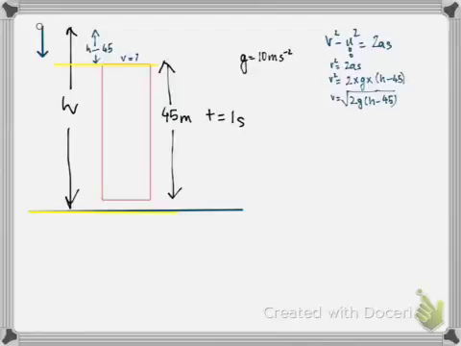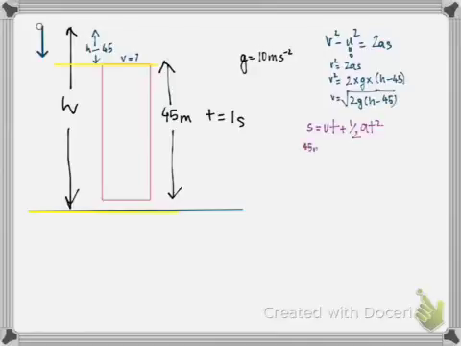Now we have v at this position here. So using this as a level, we now apply the equation s is equal to ut plus half at square. Now it is given that s is equal to 45 meters.